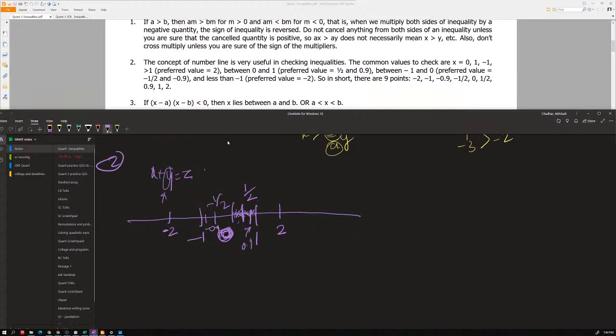So basically, if we see, we get 9 values: minus 2, minus 1, minus 0.9, minus 0.5, 0, then plus 0.5, 0.9, then 1 and 2. So 1, 2, 3, 4, and 1, 2, 3, 4, 5. This becomes 9 values. These are the 9 values we'll be using to check.